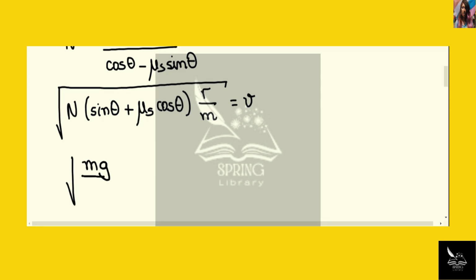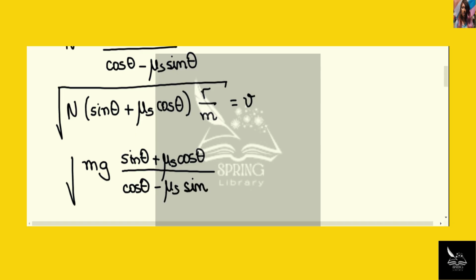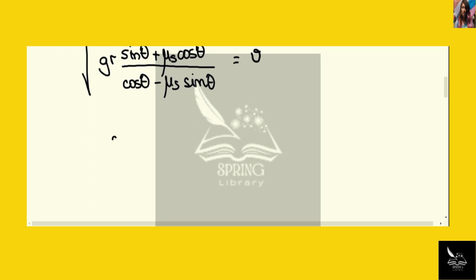So n is mg divided by cosine of theta, I'm sorry, I'm just multiplying by what I need to multiply in the numerator first, and then I'm going to divide by the denominator of the normal force. So that's cosine of theta minus mu s sine of theta. Okay. And then we have to multiply by r and divide by m. So I'm going to just take the m out of here. And this is equal to v.